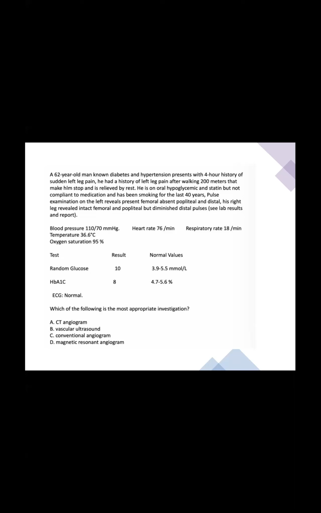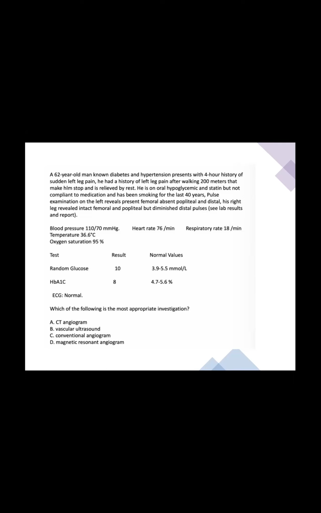His right leg revealed intact femoral and popliteal, but diminished distal pulses. Blood pressure 110 by 70 mmHg, heart rate 76 per minute, respiratory rate 18 per minute, temperature 36.6 degrees centigrade, oxygen saturation 95, random glucose 10, HbA1c 8, ECG normal. Which of the following is the most appropriate investigation? CT angiogram, vascular ultrasound, conventional angiogram, magnetic resonance angiogram.